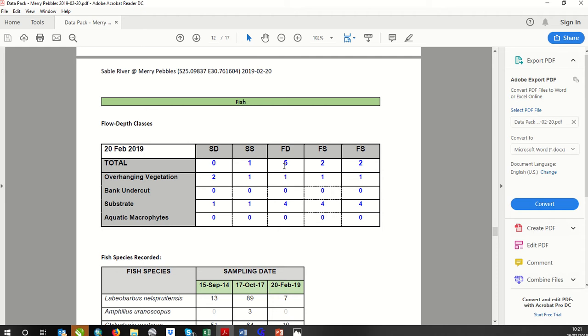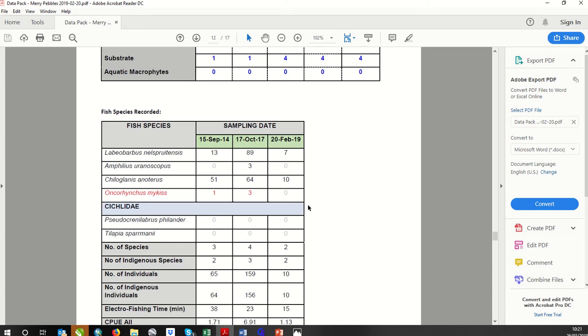So fast deep is generally the most common habitat that they assessed. They also sampled fast shallow, and you can see it's not as common as fast deep, but they definitely had good substrates, and overhanging vegetation was available. And then there's just two columns of fast shallow, so we'll just look at the one.